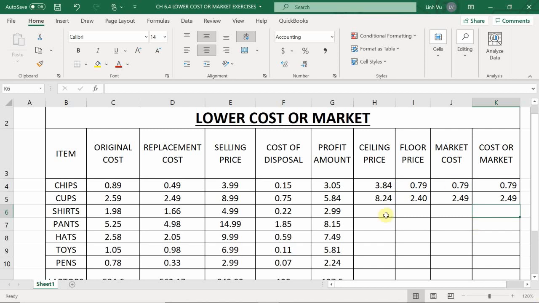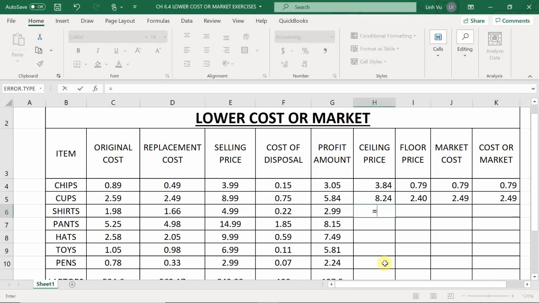So in this case, what is my ceiling? 4.77. $4.77. Good. Okay.